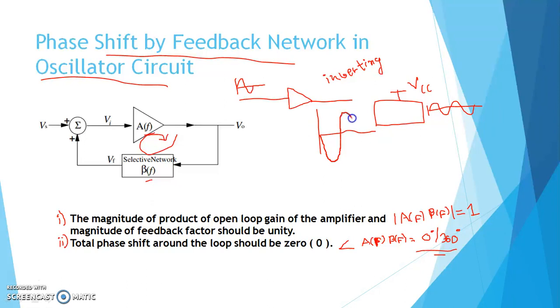That is called an inverting amplifier. So for this type of basic inverting amplifier block, there is 180 degree phase shift.